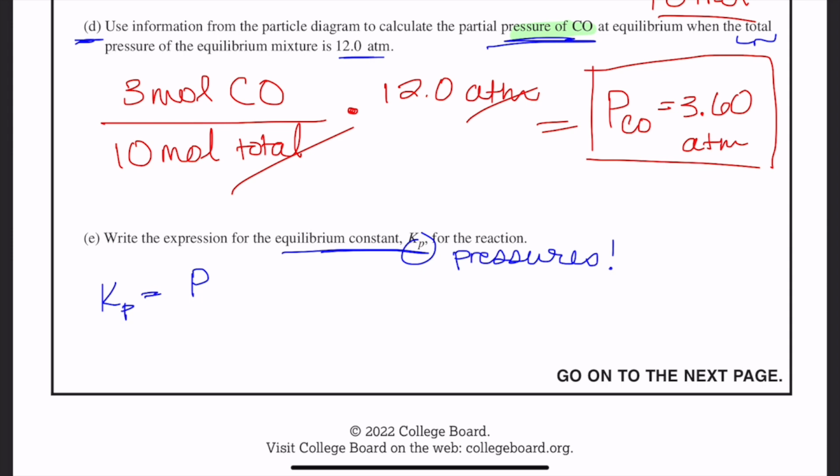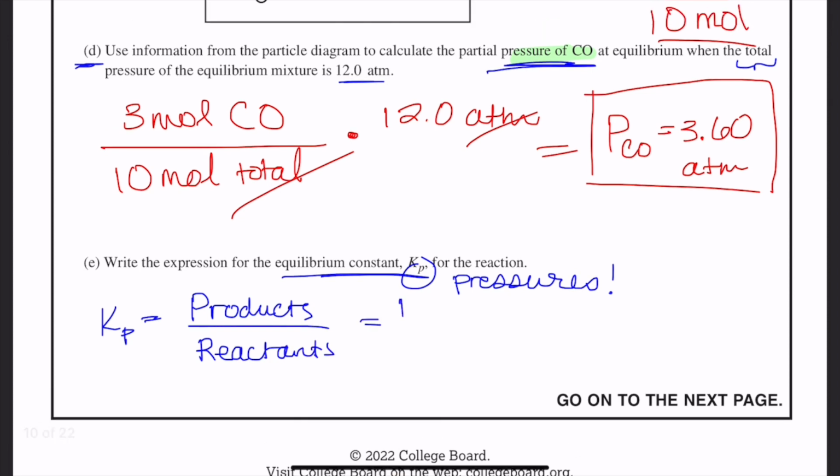Remember, this is going to be products over reactants. Partial pressure of carbon monoxide, and of course we are going to be raising these to the power of their coefficients. Our H2 had a coefficient of 2, which is why it's being squared, and of course we have our methanol in the denominator.